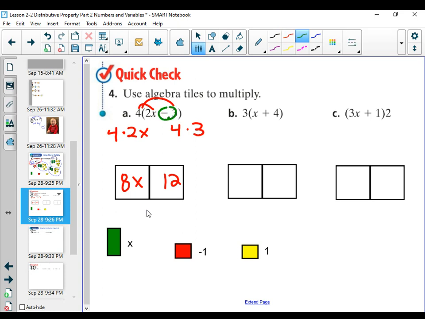This symbol should stay in the middle. Three times x and 3 times 4.